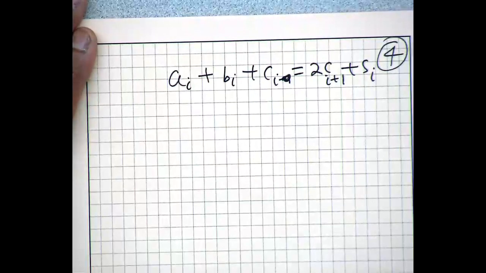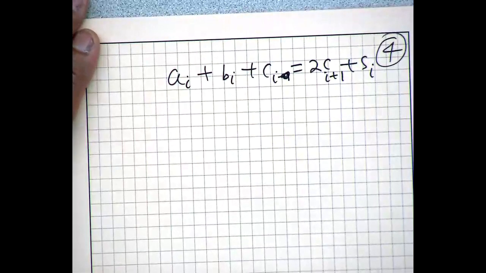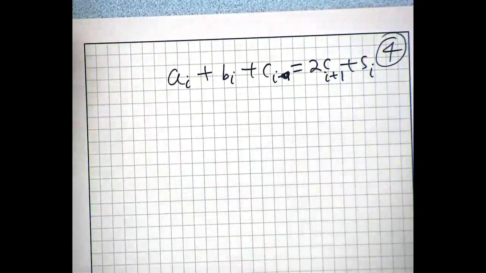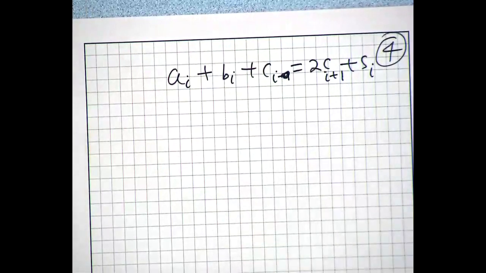So what are the equations for the sum and carry in a typical 1-bit binary adder?